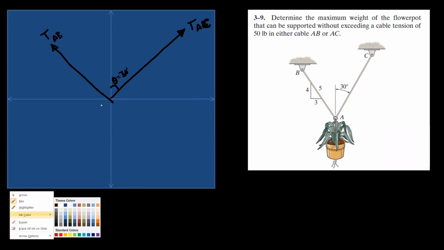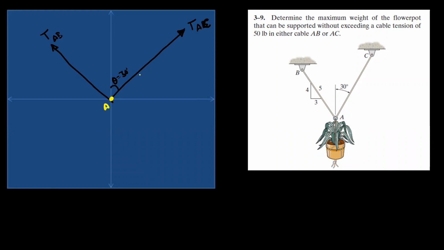So this is tension AB, this angle theta is 30 degrees, and this is tension AC. While resolving, instead of point A, select a different point on the same line of action. So select this point.